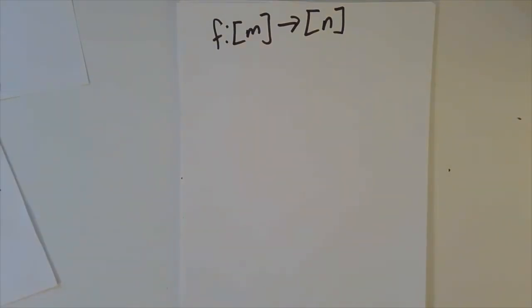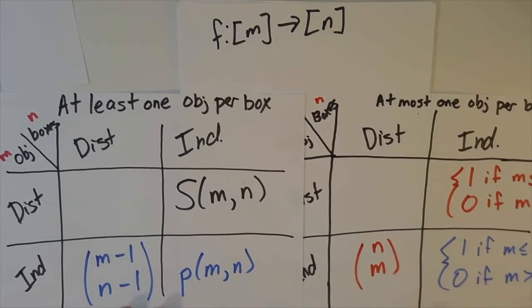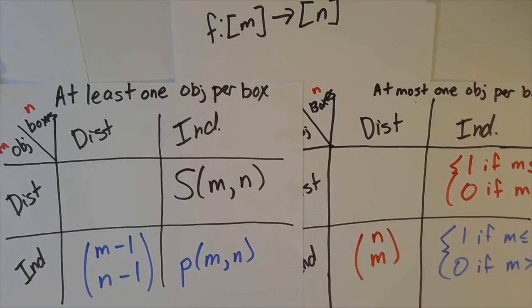So let's now look at these two remaining ones. These each correspond to a particular restriction that we could put on functions. If you had to pick two particular restrictions that you could put on functions and guess what they were going to be, you would be exactly right.